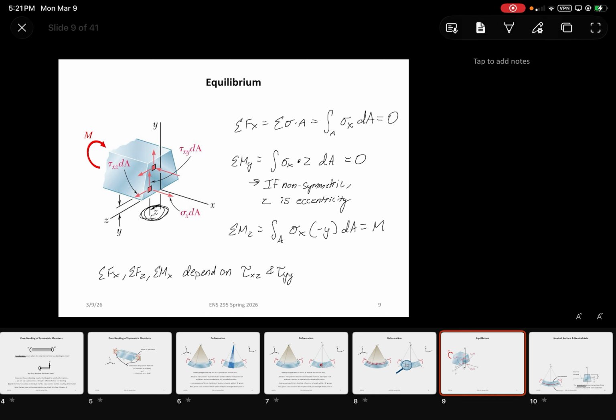Whoops, I said tau yy. So these will shortly vanish, just because they're not really going to be accounted for within our general state of bending.